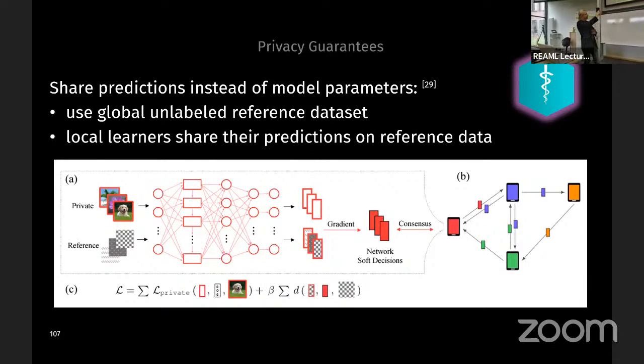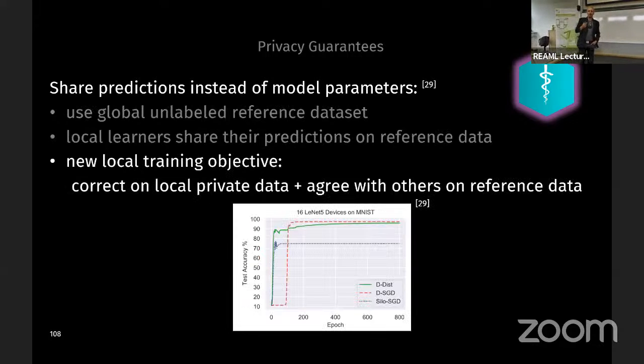Here's the figure from the paper. You have a neural network and it trains both on your actual training data and it also wants to agree with the other clients on the unlabeled data. That's roughly the training objective. This gives you a new custom loss function that you can use in model training.